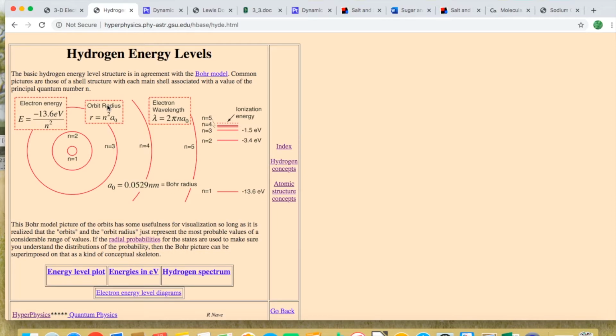We looked at how it's also possible for electrons to drop from higher energy levels down to unoccupied lower energy levels. No two electrons can occupy the same space. That's called the Pauli exclusion principle, but they can be close to each other and they can occupy an orbital in pairs.